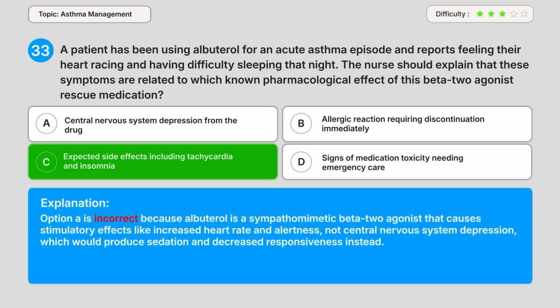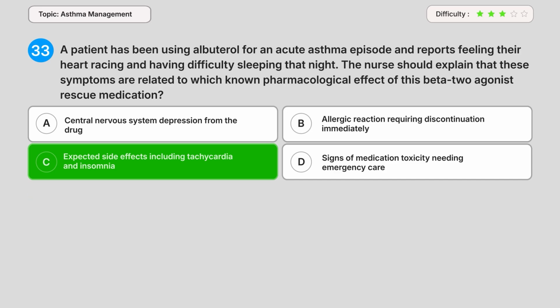Option A is incorrect because albuterol is a sympathomimetic beta-2 agonist that causes stimulatory effects like increased heart rate and alertness, not central nervous system depression, which would produce sedation and decreased responsiveness instead.